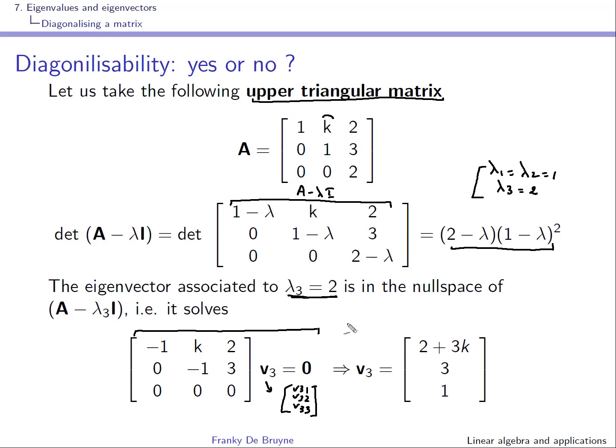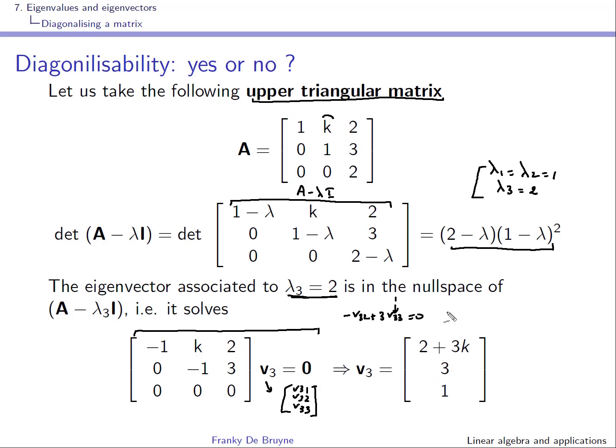The second equation leads to minus v32 plus 3 times v33 is equal to 0. This one we have imposed it to be 1, so this leads to a 3 over here.